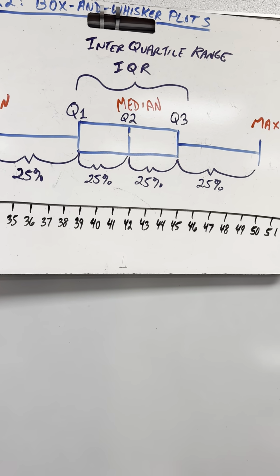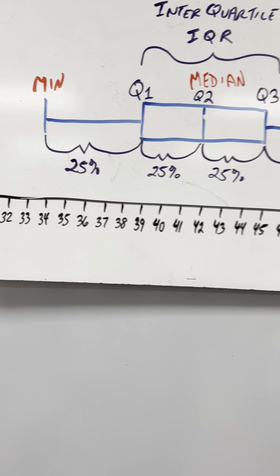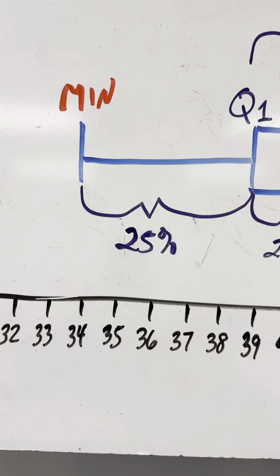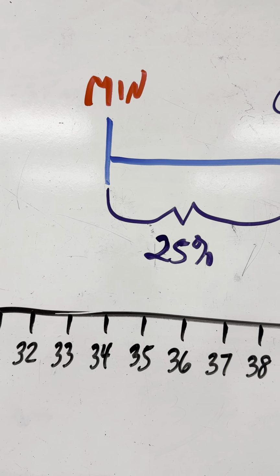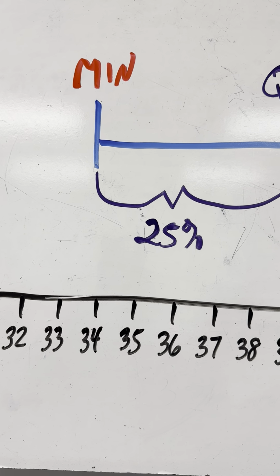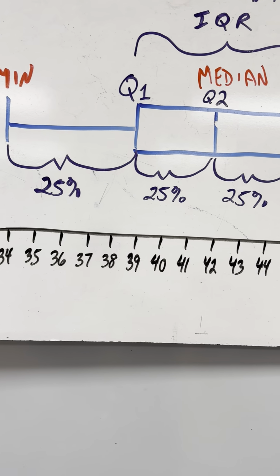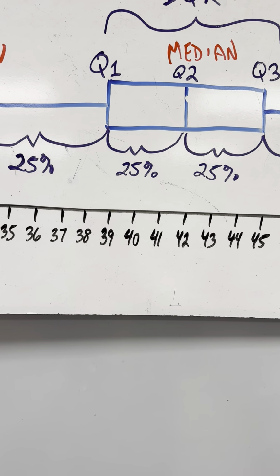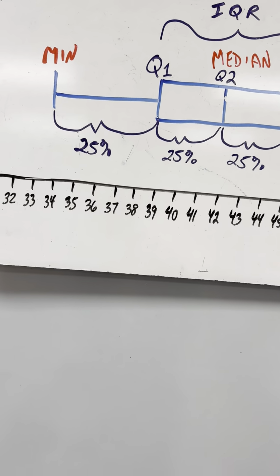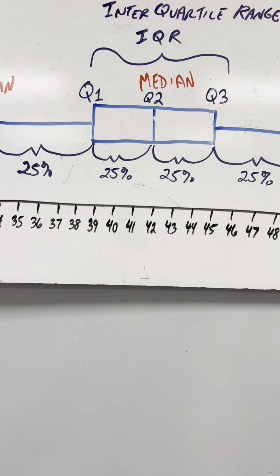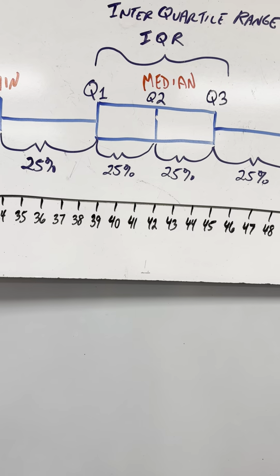So in other words, this is the min, or the minimum value. In other words, 34 would be the minimum value. All of these numbers represent data points. If you have a bunch of data, regardless of what the data is, this is just an example.